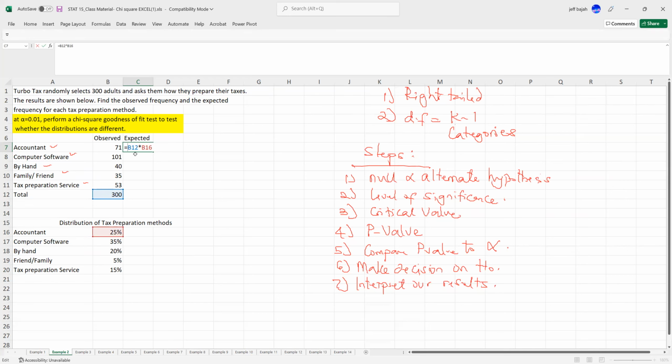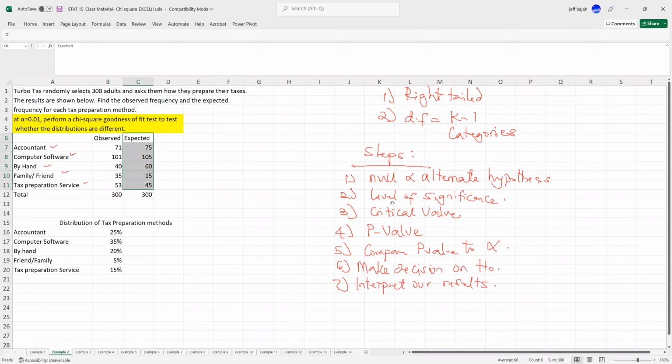Because we're going to multiply all these values by 300, we had to make this static and hold it firm so that we can drag. And just to confirm, we know that the sum of this will give us 300. So we've got observed and what I expected.